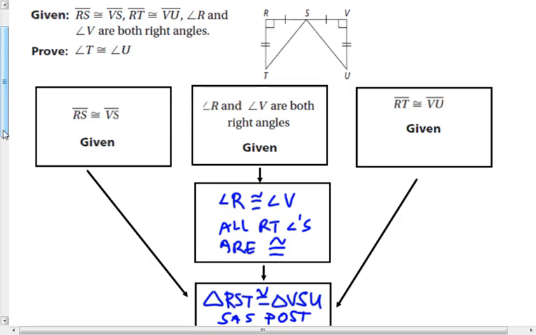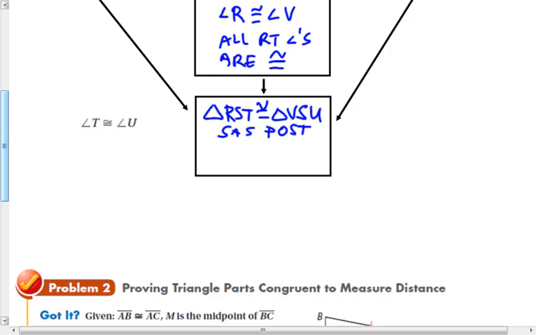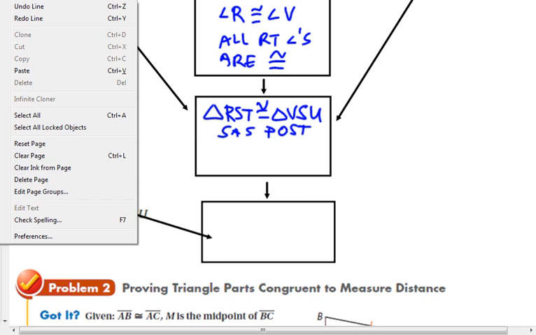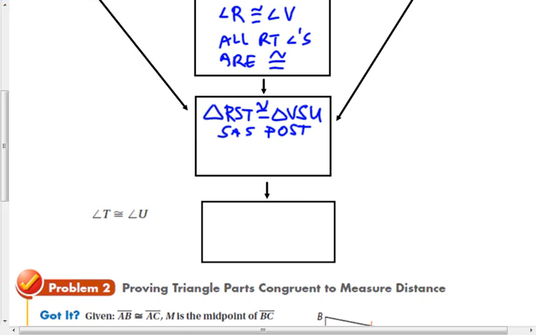And then with all that, we can now say that angle T is congruent to angle U. And that's because corresponding parts of congruent polygons are congruent.